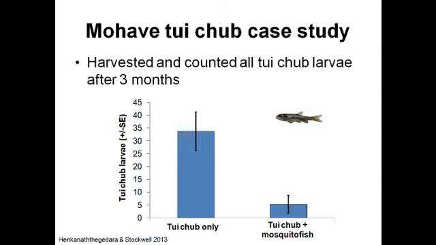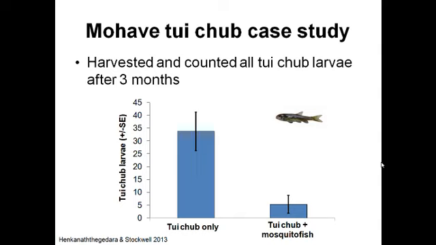But when there's mosquito fish, look at this, it's about 5 tuichub larvae in each tank. So this clearly shows that when there's mosquito fish, there's a negative impact of mosquito fish on endangered tuichub reproduction.